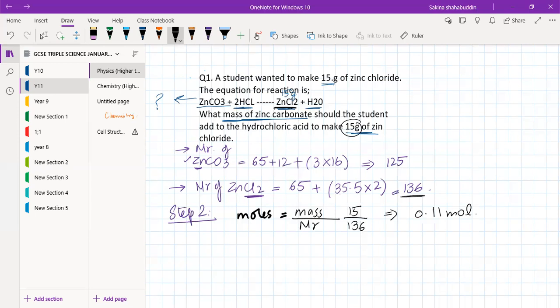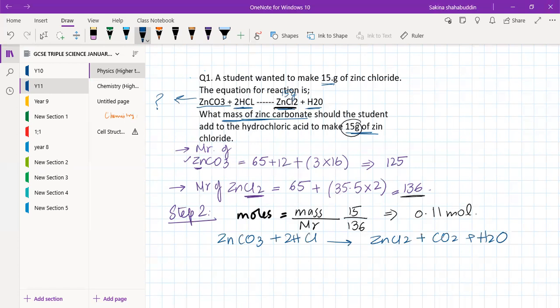Then our third step would be to use this balanced equation to deduce the number of moles of zinc carbonate that are actually needed. So I'm going to rewrite the equation again, 2HCl, that would give me zinc chloride, carbon dioxide and water, right? I have simply copied the equation.